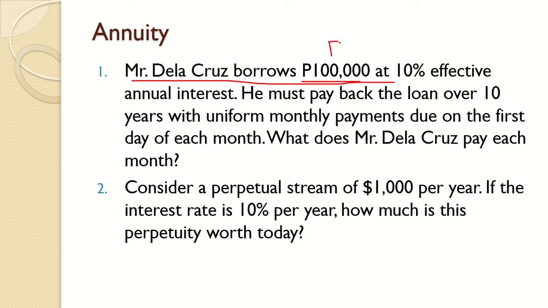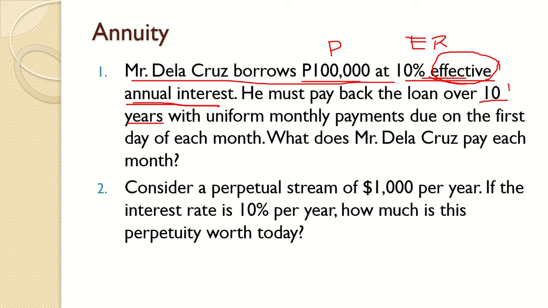this is our P. Then, it says here 10% effective annual interest rate. So, recall this term, effective. So, that's ER. That's not yet R, but ER. Which means, kinanap ni tag R. Now, we have to convert it into an R. Then, you must pay back the loan over 10 years.